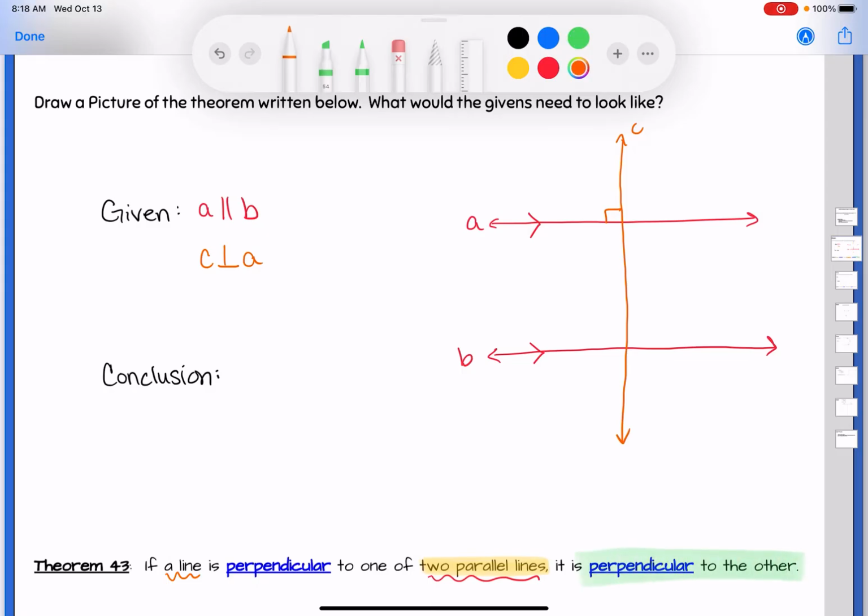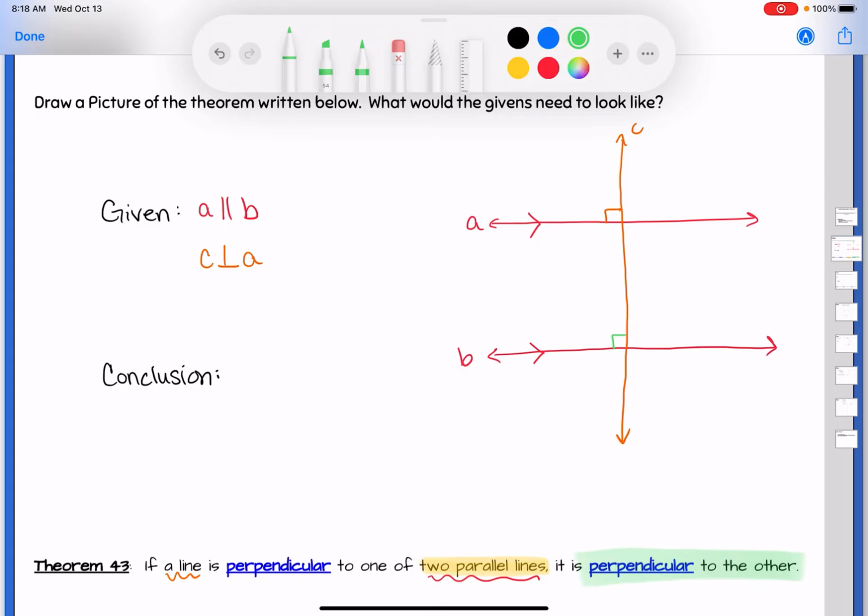What do you think? If I know that line C forms a right angle with this top parallel line, does it have to form a right angle with the bottom one? Well, yeah. If lines A and B are parallel, and C is perpendicular to the top one, that bottom line can't tilt at all. It can't have an angle measure other than 90, because then the lines wouldn't be parallel.